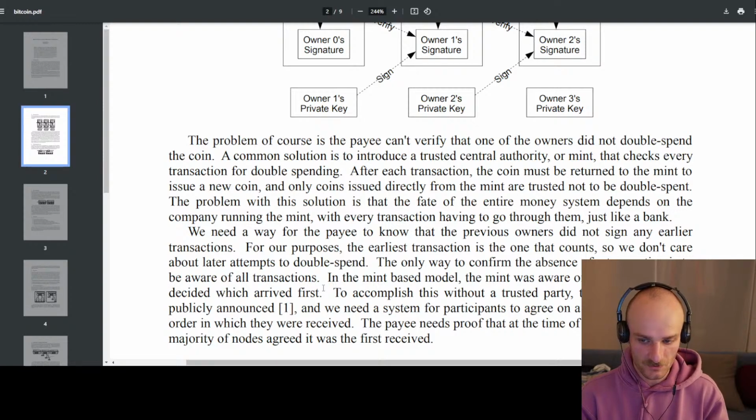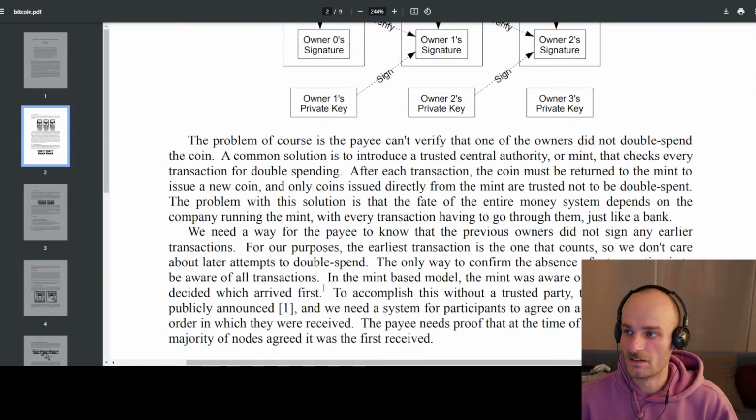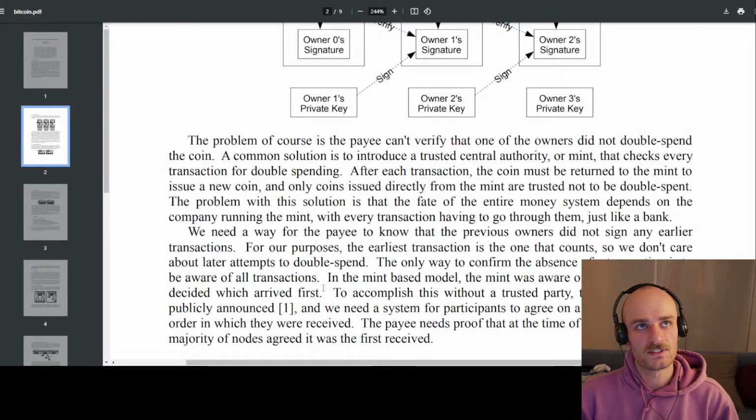Therefore, we need to make transactions publicly announced, and we all need to be sure that we are all working on the same version of history. Therefore, we need an integrity among all the nodes.